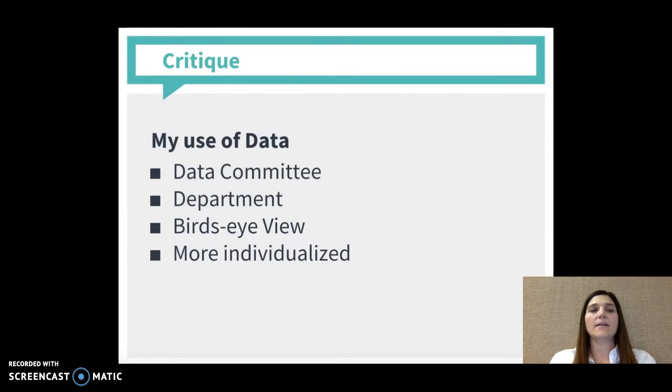My critique of my own use of data is that I am a key member of that data committee. However, our data committee is relatively new in terms of all of us working together on the same thing. My own use of data has been mainly focused on my department.